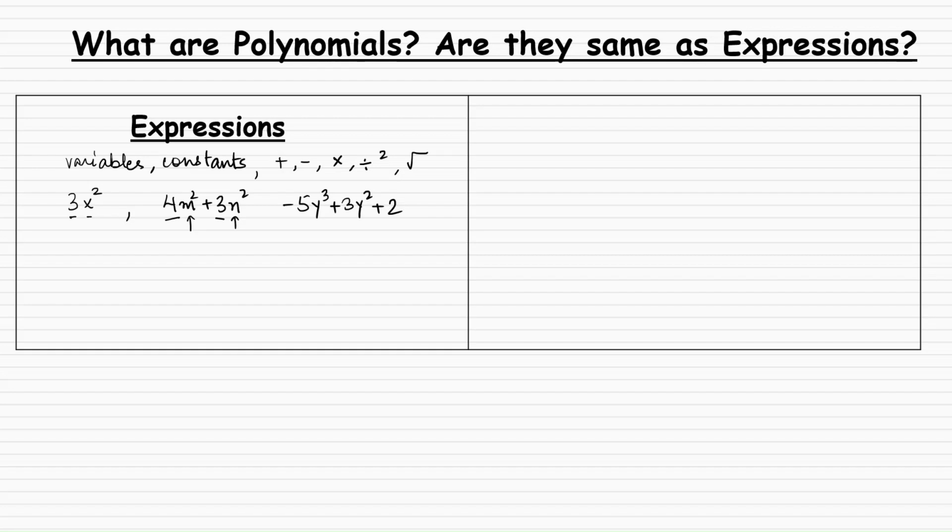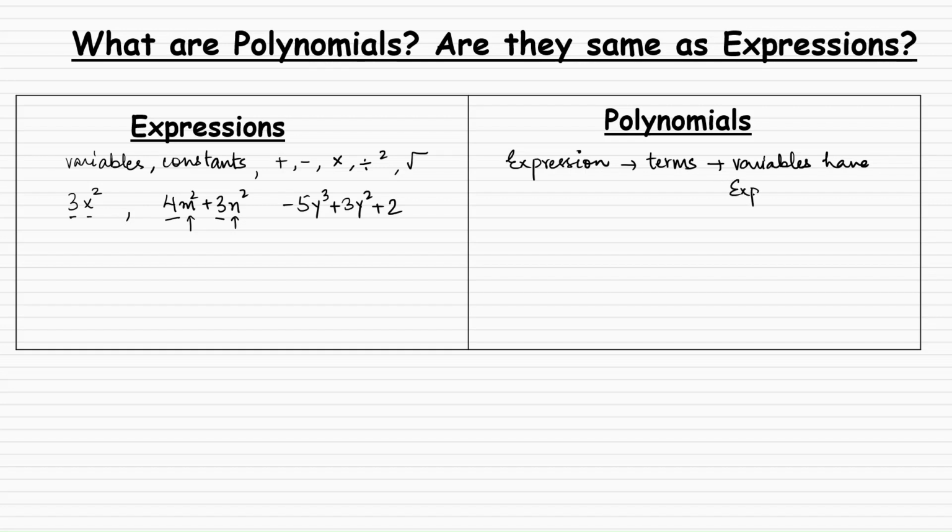Now, what is a polynomial? A polynomial is an expression only, an algebraic expression. It is made up of terms whose variables have exponents as whole numbers.